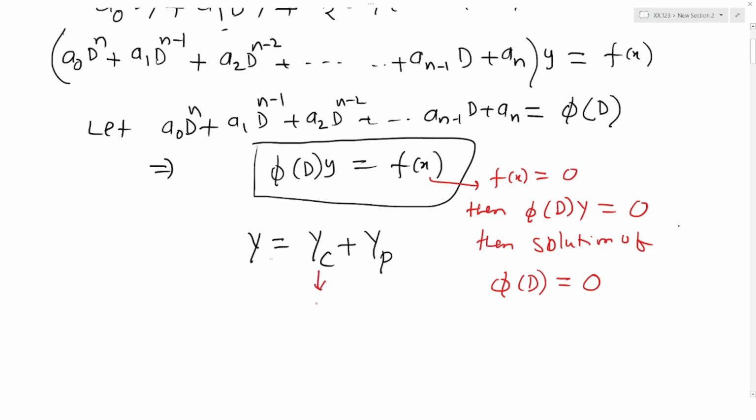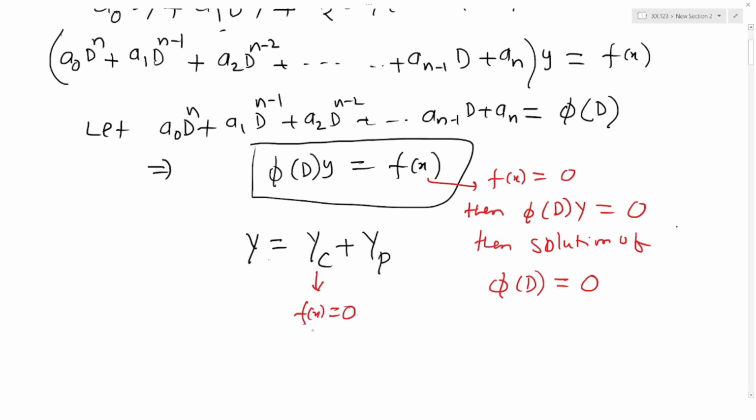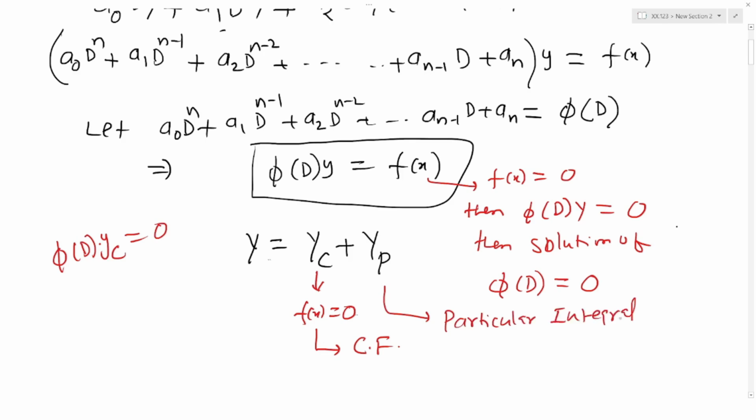So yc is the solution with f of x equals 0, where yc is nothing but the complementary function. Yc is selected such that phi of D multiplied by yc equals 0. And what is yp? Yp is nothing but the particular integral, and phi of D into yp equals f of x.